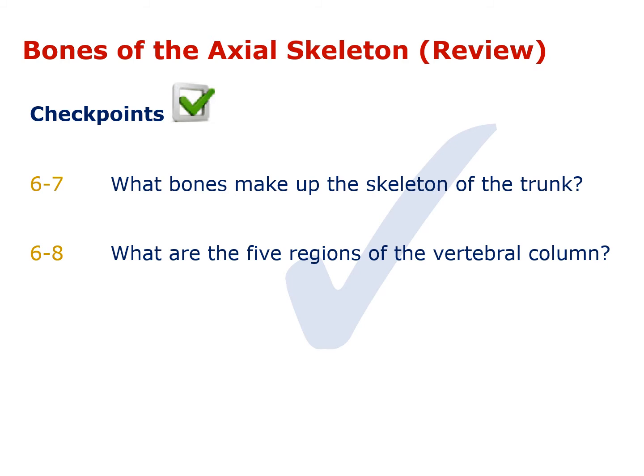Ribs, spinal column, which closes it in the back, and then your sternum. What are the 5 regions of the vertebral column? Cervical, thoracic, lumbar, sacral, coccygeal.